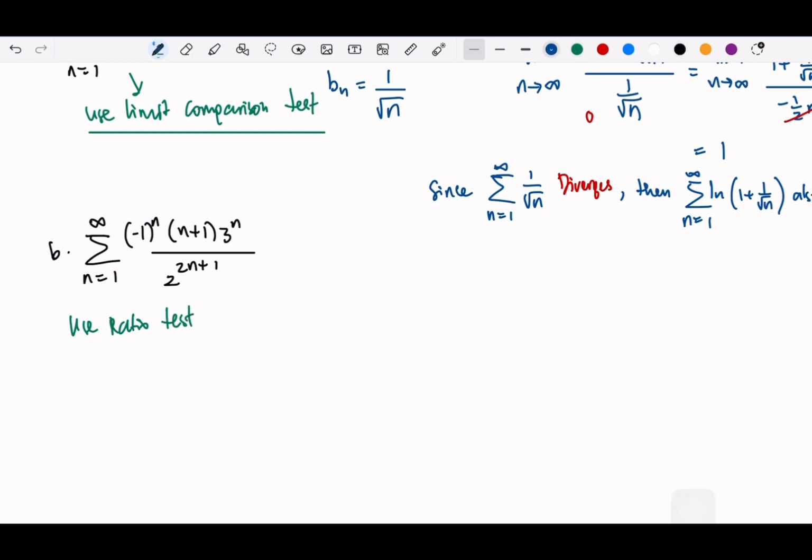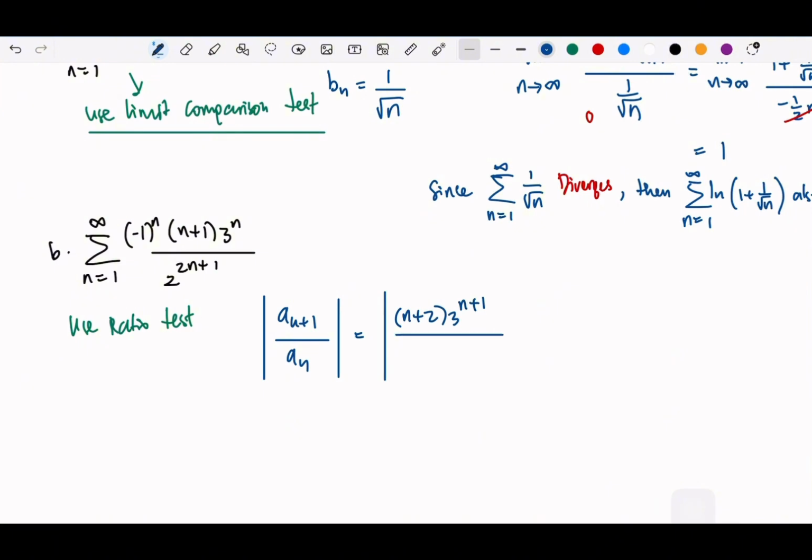So this will be, so a_{n+1} will be n plus 2. 3 with power of n plus 1, and then be careful, this should be written as 2n plus 1 plus 1, okay? And then multiply the 2n plus 1.